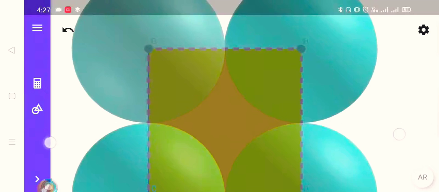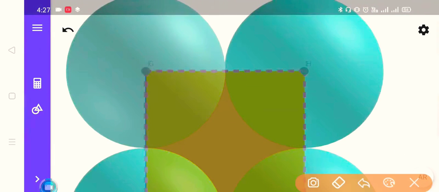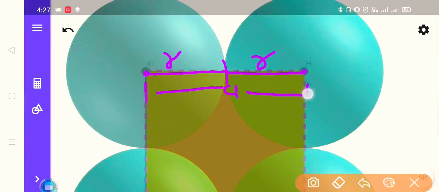So this is our primitive unit cell, and let us try to find the relationship between a and r. If we observe this unit cell from one side, you will see the radius of the first sphere and the radius of the second sphere, so here we have r and r. It is equal to the edge length of the given unit cell.